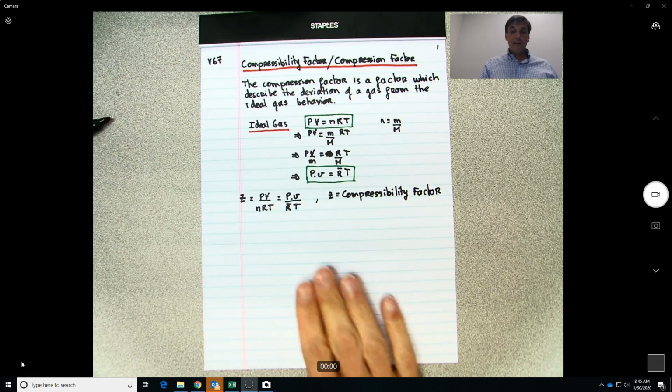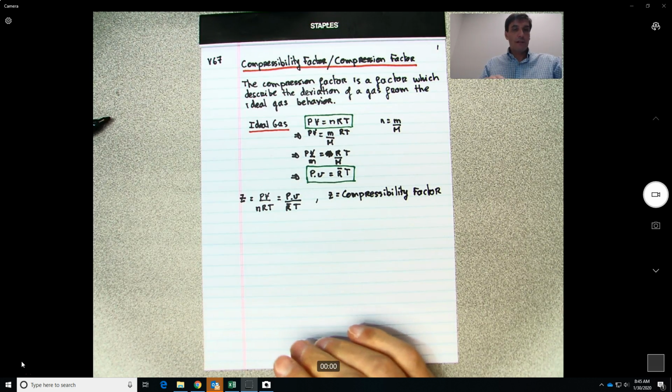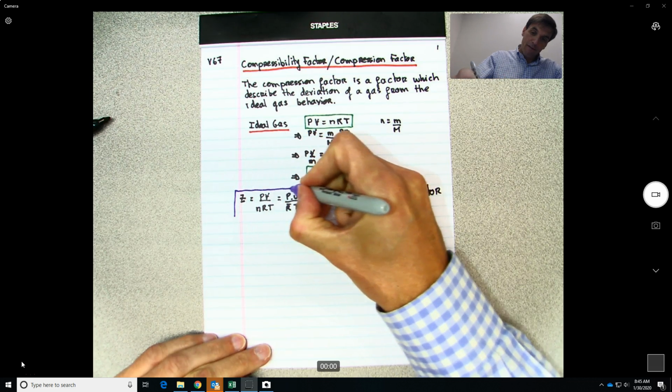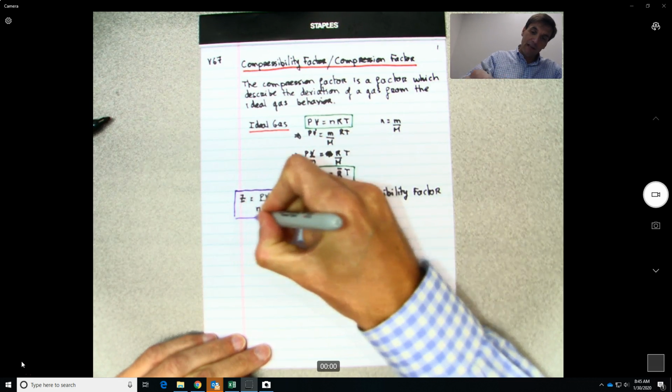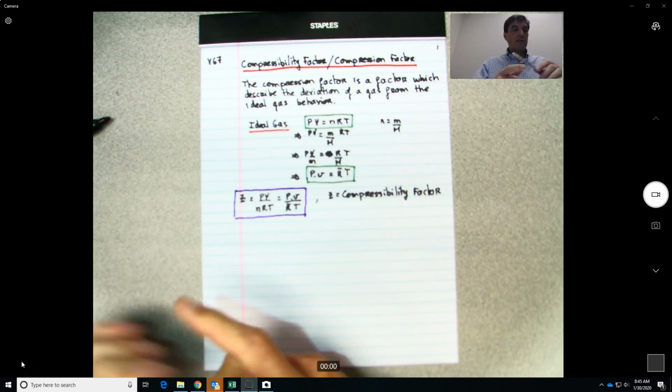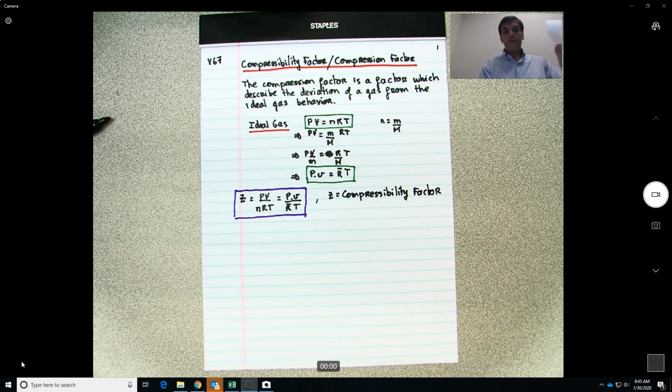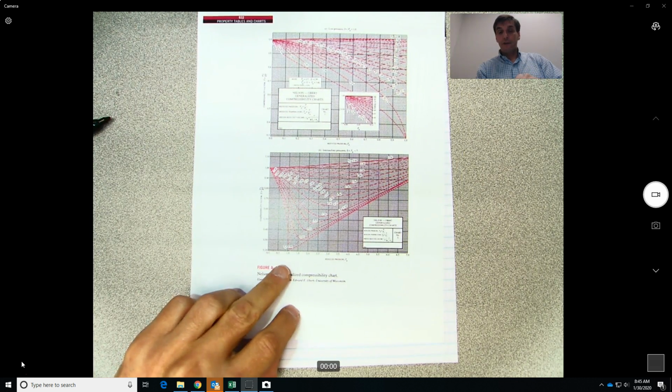And all this data is actually obtained experimentally. The fact of whether a gas deviates from the ideal gas behavior is found experimentally. And they have some curves. They have some in the book, but it's really hard to see anything. This is actually the figure.